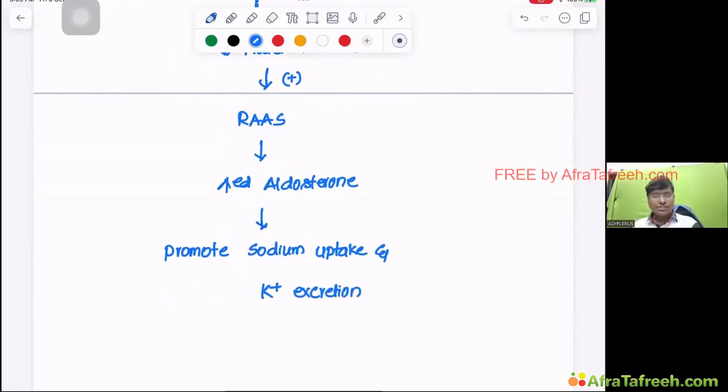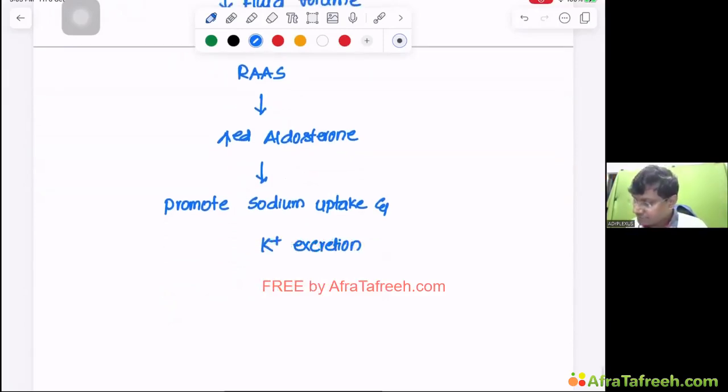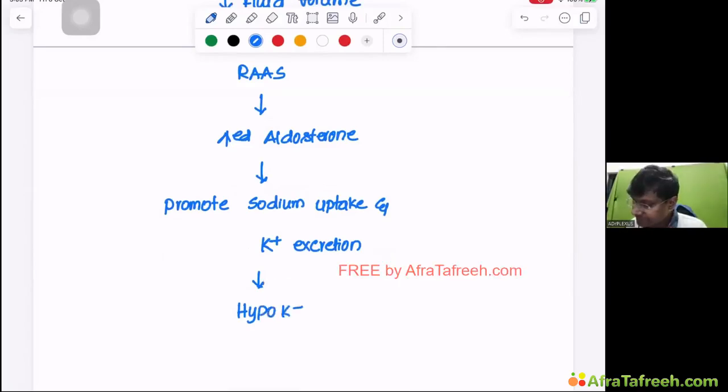Because what aldosterone does is cause sodium reabsorption and potassium secretion. The potassium is excreted out, and that will result in hypokalemia.